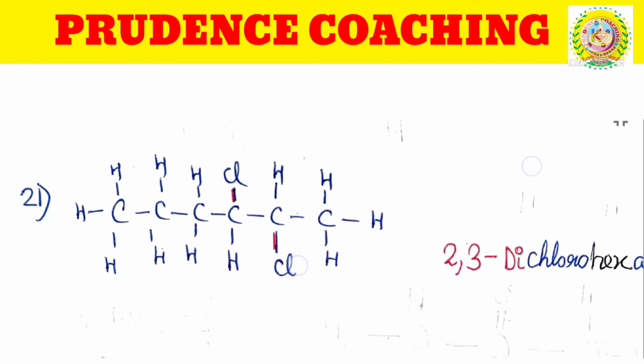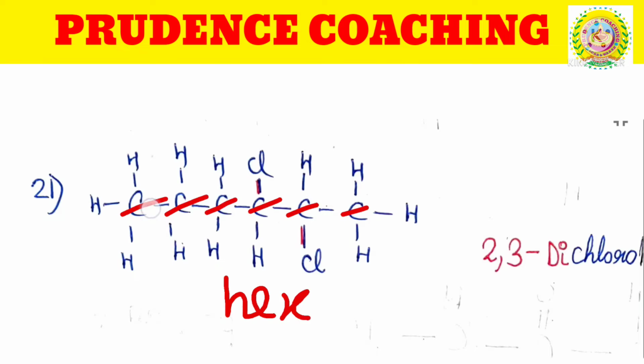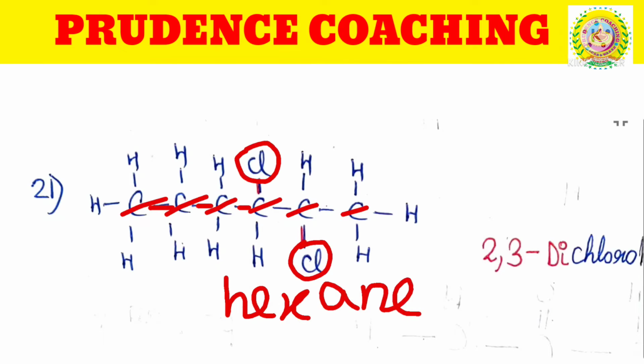So let us move on to number 21. Here as you can see, we have 1, 2, 3, 4, 5, 6 carbon. So you will get here hex. Now in between the carbons we have single covalent bond, so ane. But here you can find that 2 chlorine or 2 halogens are there. So you need to give the position of the chlorine. If we find the position from this end, you will get first, second position one, and another at this third position, that is second and third position.